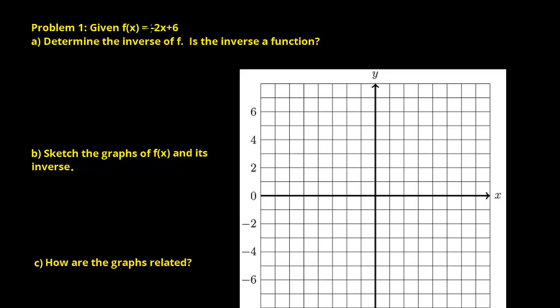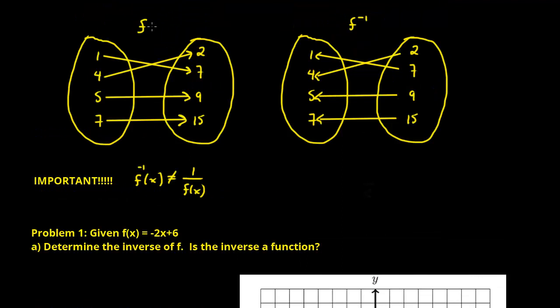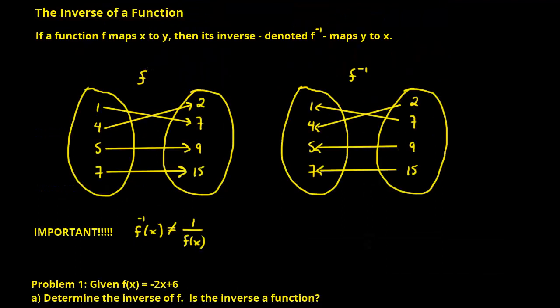So given f of x is equal to minus 2x plus 6, how do we find the inverse? Well, if we go back to our definition of what an inverse actually is, if a function maps x to y, then its inverse maps y to x.